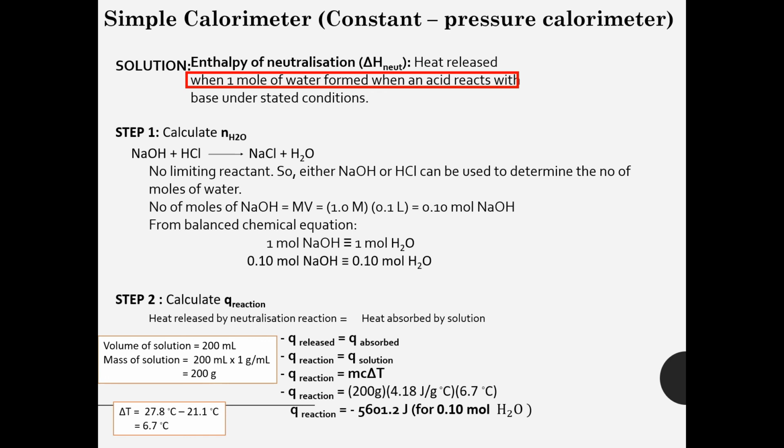Then in step 2, I calculate the Q reaction. This is case number 2, so no information is given for the calorimeter, so the equation will just be negative Q reaction equals MC delta T for the solution. The Q reaction is determined for 0.1 mole of water.